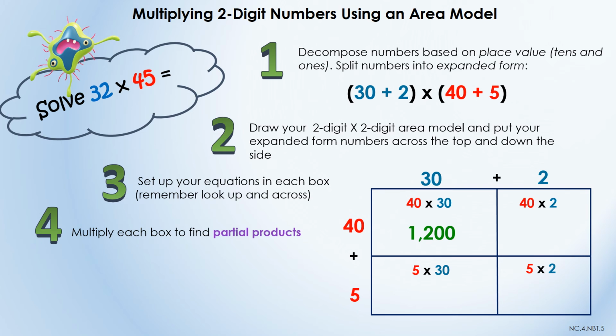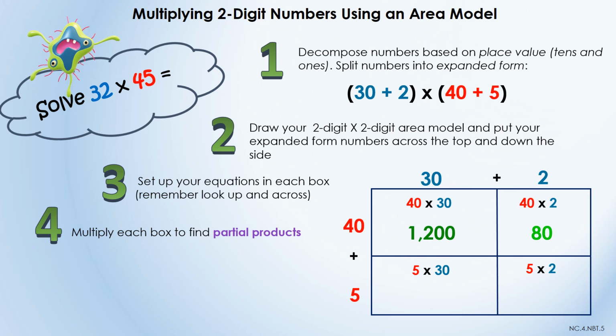Okay, now if I go over to my 40 times 2, I know that 4 times 2 equals 8. And in this case, I'm just going to add a 0 because I'm dealing with only 1 group of 10s. Now I'm going to go down and do 5 times 30.